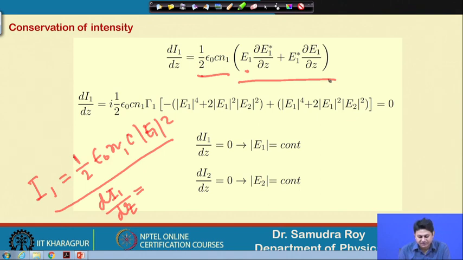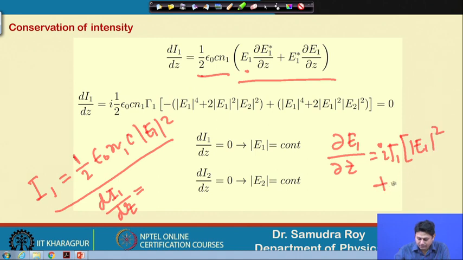Once we have this, the next thing: this quantity from the cross phase modulation is known, and we know that this is equal to i gamma 1 bracket mod of E1 square plus 2 mod of E2 square bracket close, E1.